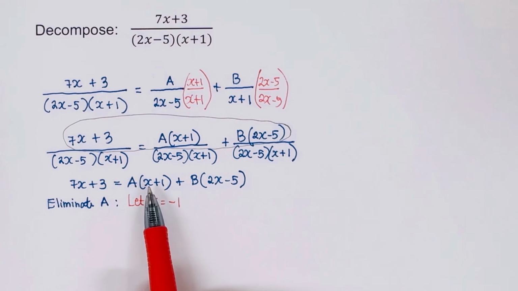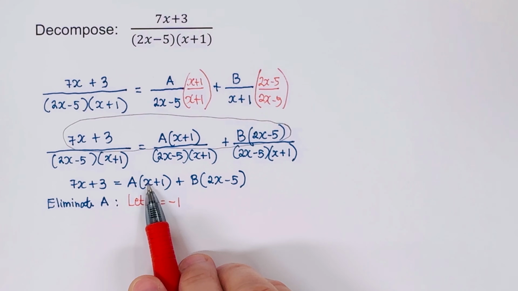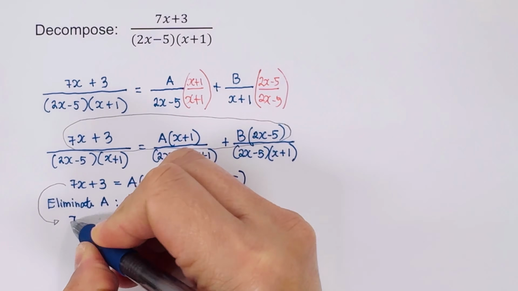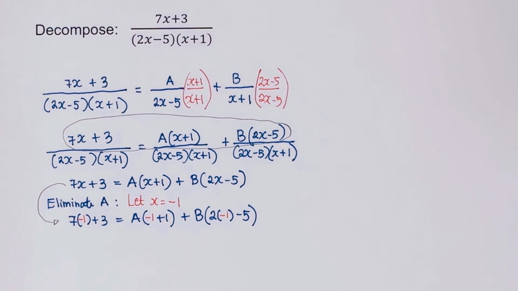You can use the zero product property, x plus 1 equals 0, and solving for x gives -1. So we plug the -1 into the equation up here. I plugged in the -1 to all the x's on this equation so that it can be simplified.